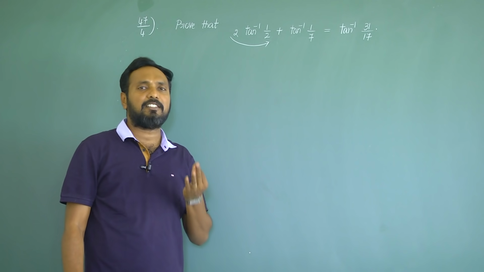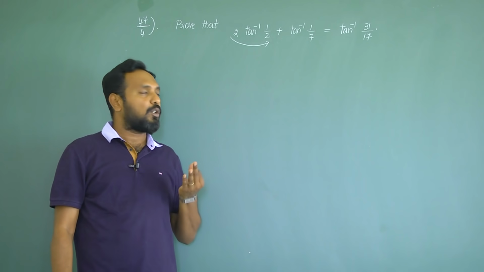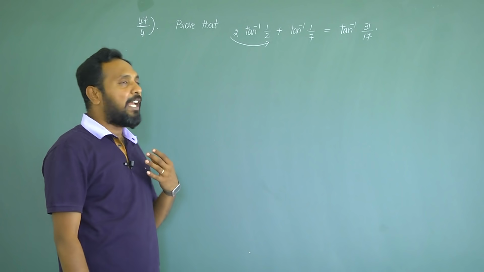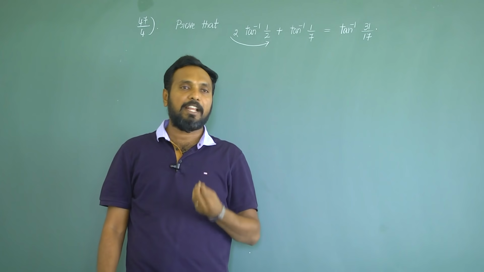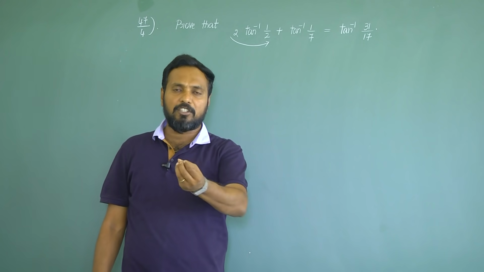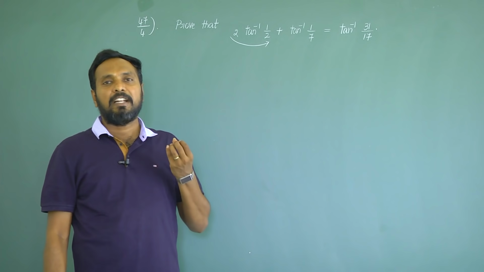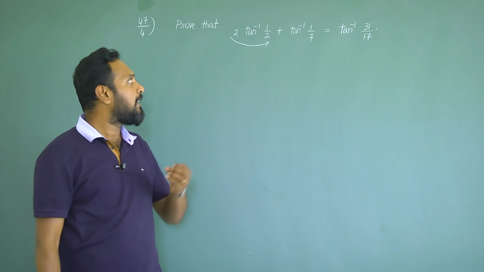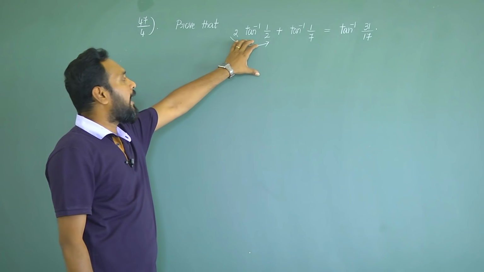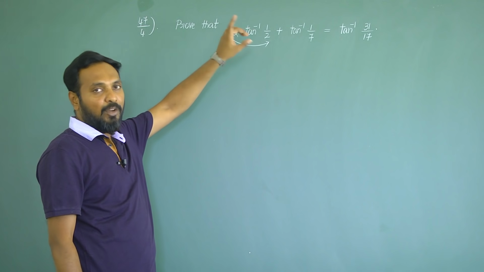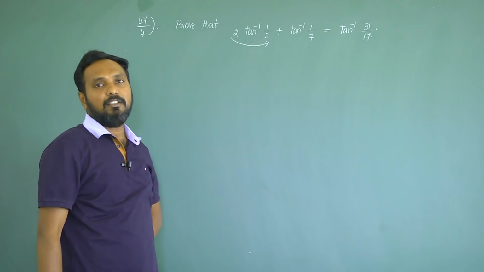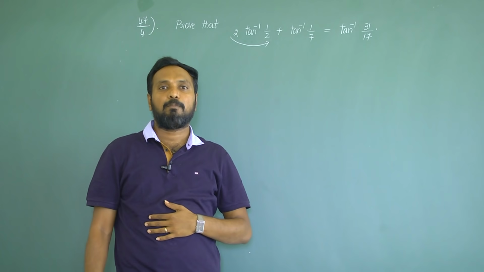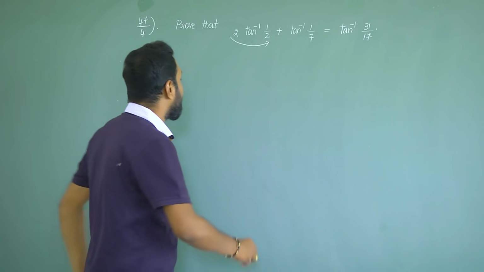Then which formula is comfortable for us to use here is, you have the formula in terms of tan inverse x plus tan inverse y formula you have, tan inverse x minus tan inverse y formula we have. So that I am using 2 tan inverse x formula in terms of tan inverse, that is 2x by 1 minus x square.